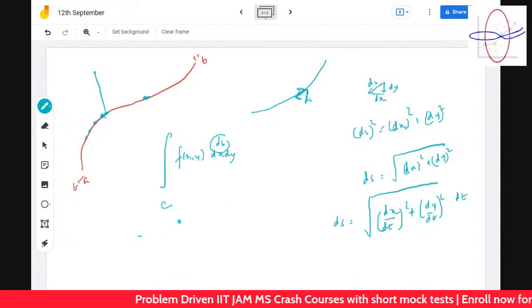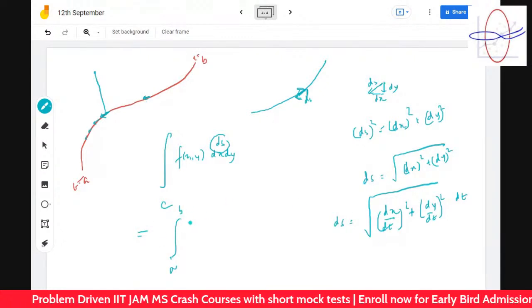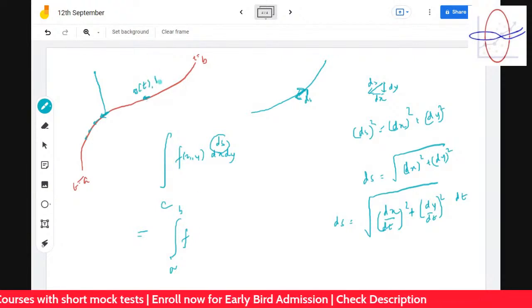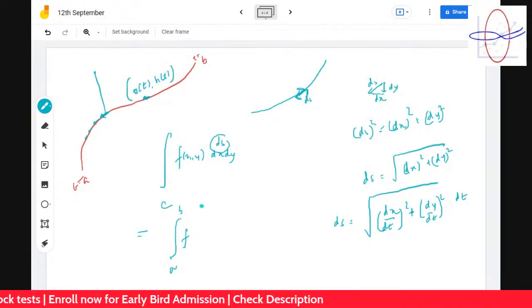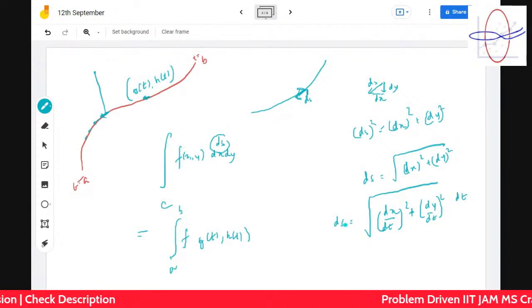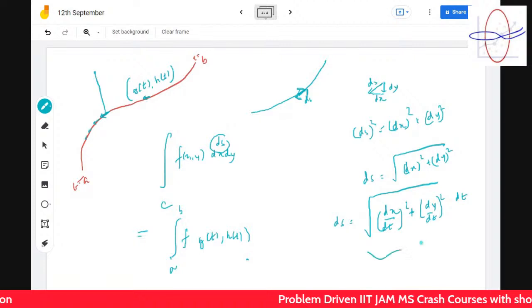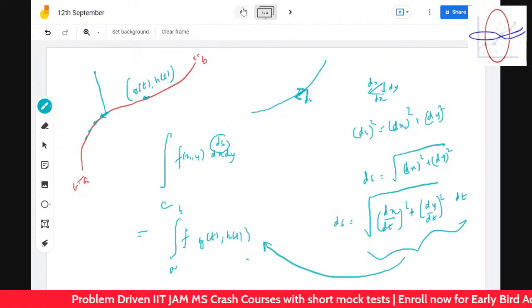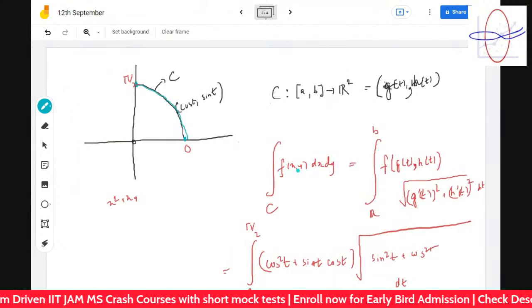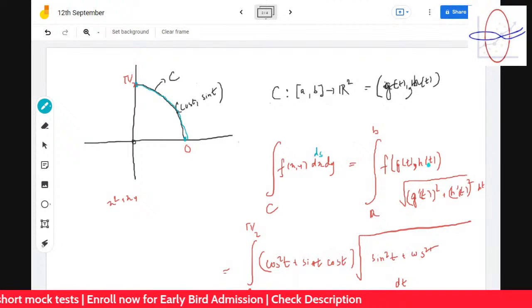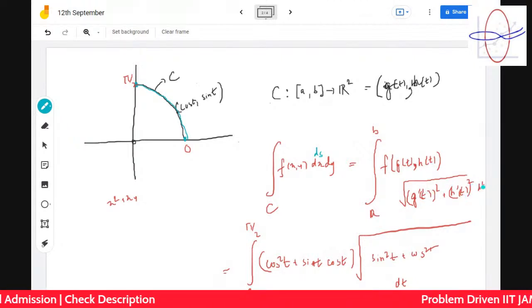And exactly that is what we get: integration a to b, where t is going, x we are replacing by g of t, y by h of t, and ds is replaced by this root over this quantity. It's a big quantity, and that's what we have understood, and therefore we have this result that the integral of f of xy on the curve c ds is equal to integration a to b f of gt comma ht into root over g dash square plus h dash square whole dt.